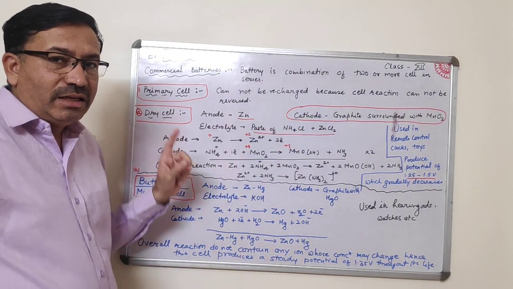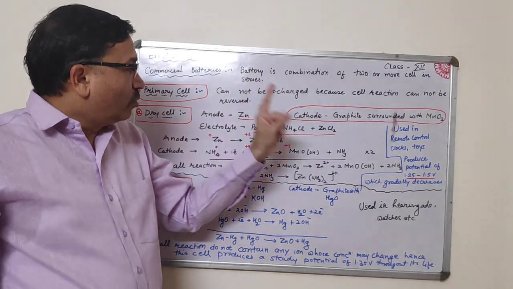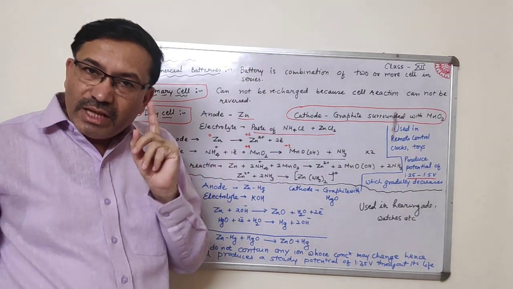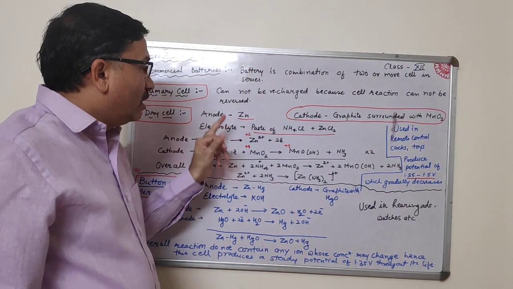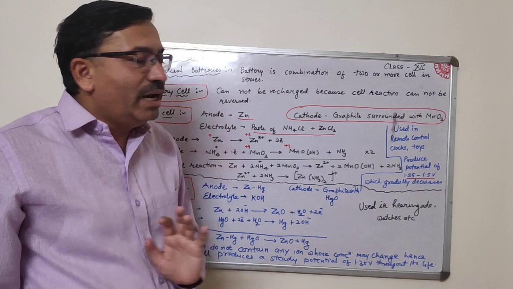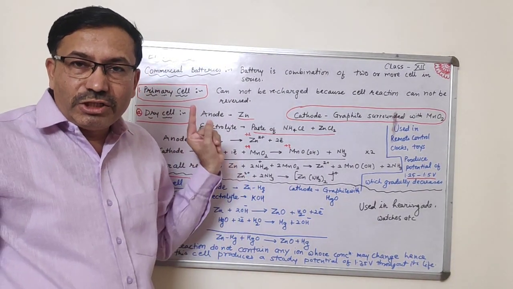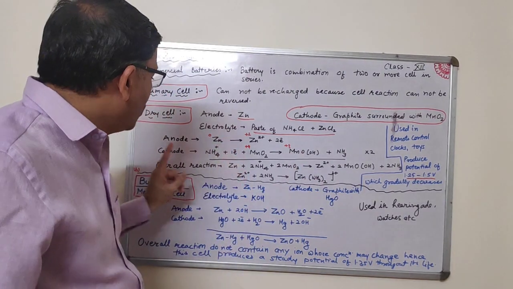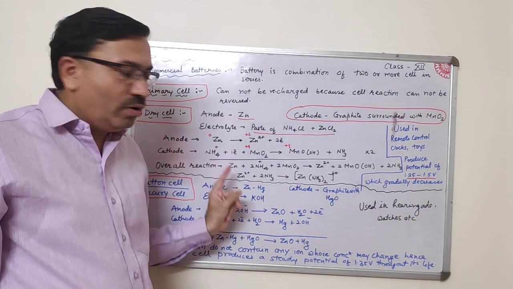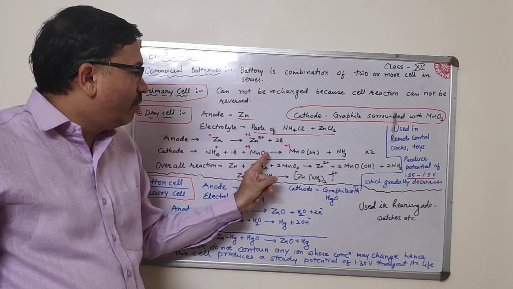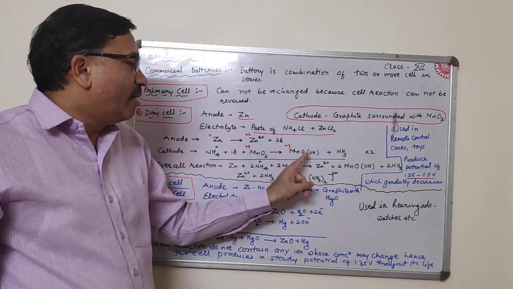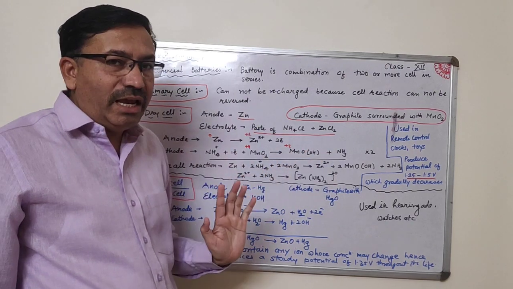In the dry cell, the anode is zinc, the cathode is graphite surrounded with MnO2, and the electrolyte is a paste of ammonium chloride and zinc chloride. Anode reaction: Zn converts into Zn2+ plus 2 electrons. Cathode: NH4+ plus 1 electron plus MnO2 converts into MnOOH plus NH3.